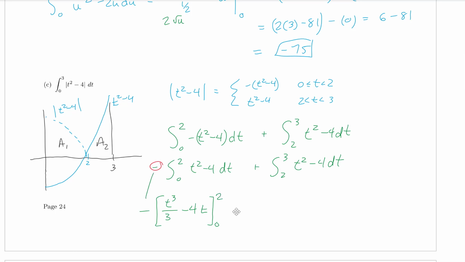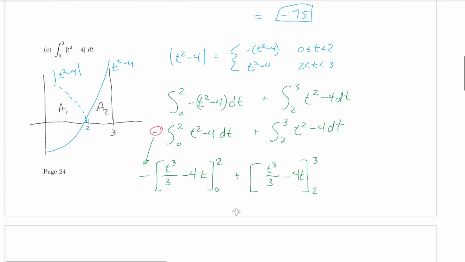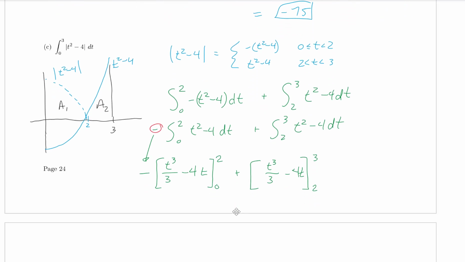We have our negative out front here. And then we are going to evaluate the antiderivative here, t cubed over 3 minus 4t. Sorry. We're going to go ahead and plug a 2 and a 3 into that. So let's go and evaluate this.